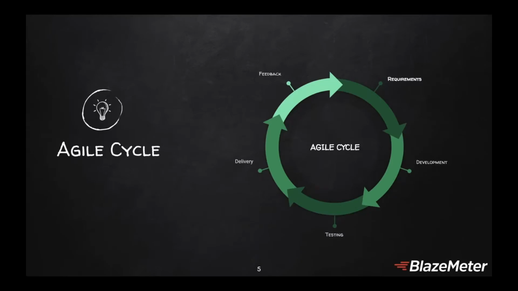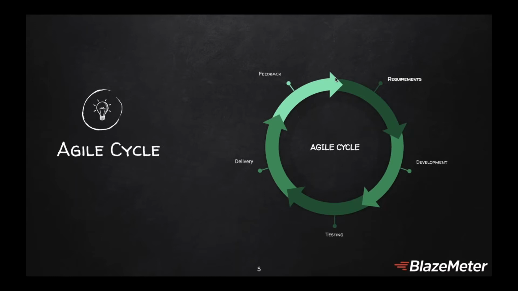I'm sure most of you know this circle by now, but being agile means having the requirements, developing the software, then testing it, delivering it to the users, getting feedbacks, and then circle again and again and again, either once a month, 2 weeks, or several times a day.